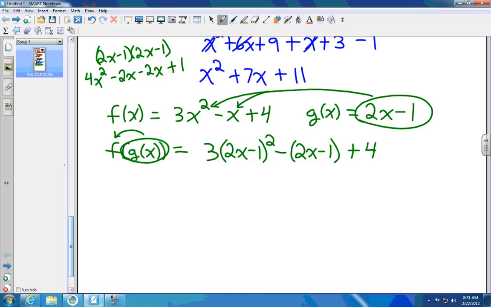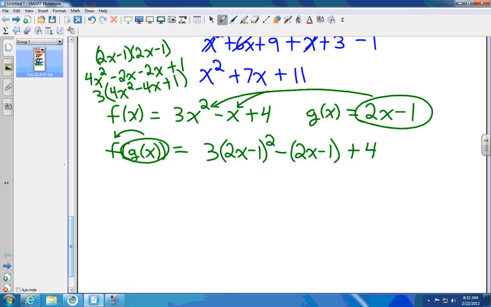And it doesn't really matter where you do that. You could multiply that times 3 up there and plug that in, or put that there and then distribute the 3. So this would become 4x squared minus 4x plus 1. That's what you would put in right here. And you've got the 3 out front that you have to distribute. And again, you can do that all right there. However you want to do that.